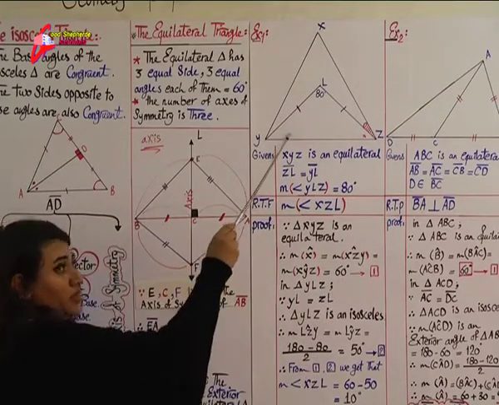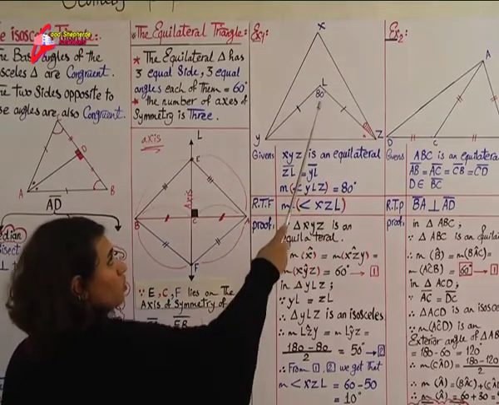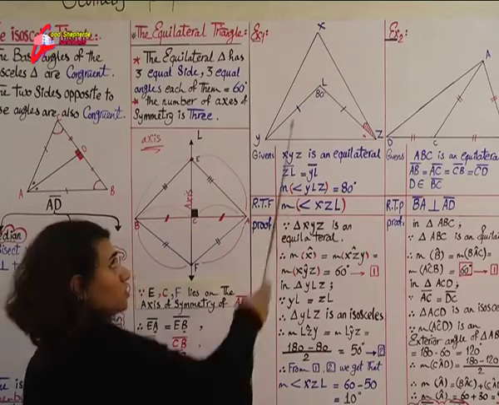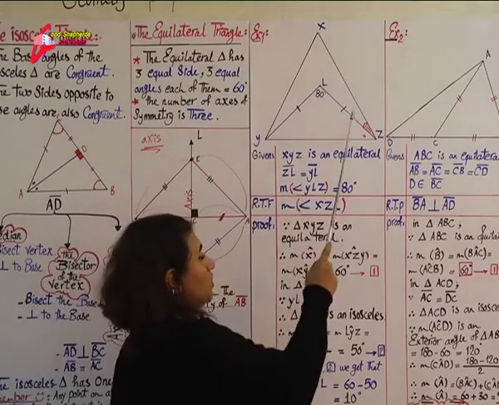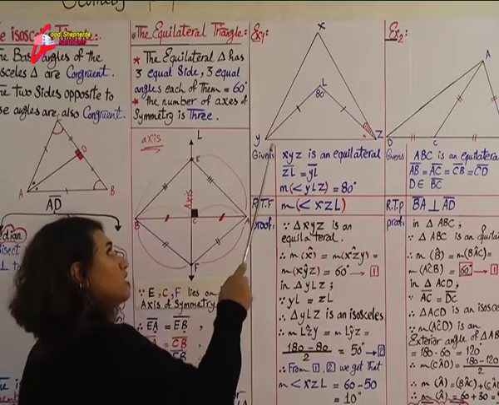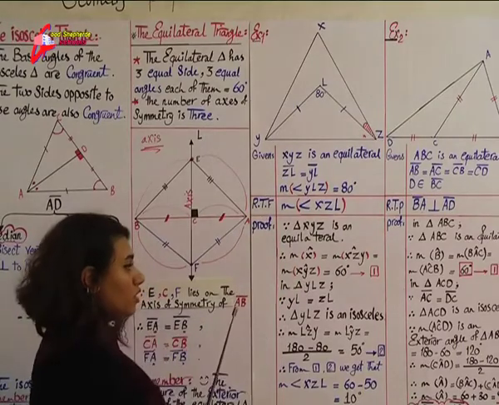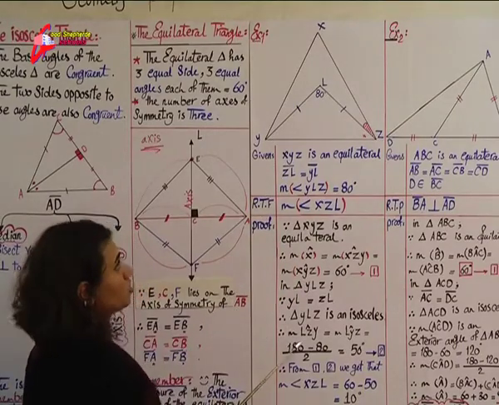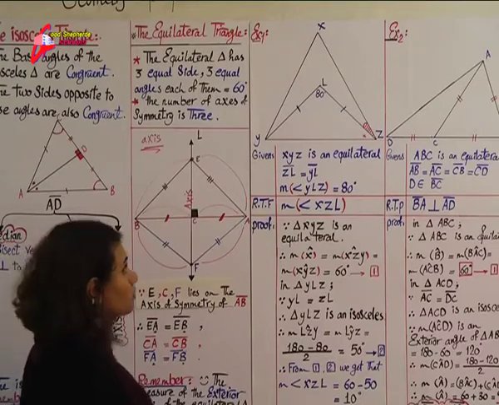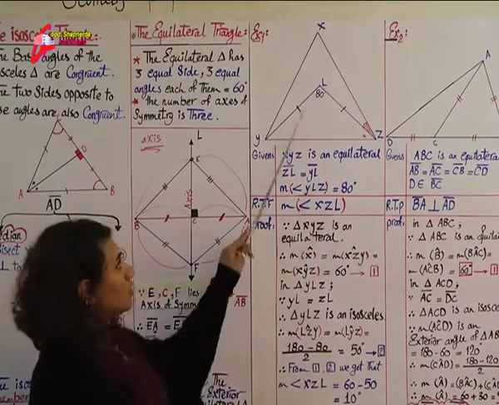In the other triangle inside, triangle YLZ, you have only one angle given, which is 80. But if you have one angle and the 2 equal sides around it, it means it's an isosceles triangle. The isosceles triangle gives you that the 2 base angles are equal in measure. Means the measure of angle LZY equals measure of angle LYZ.